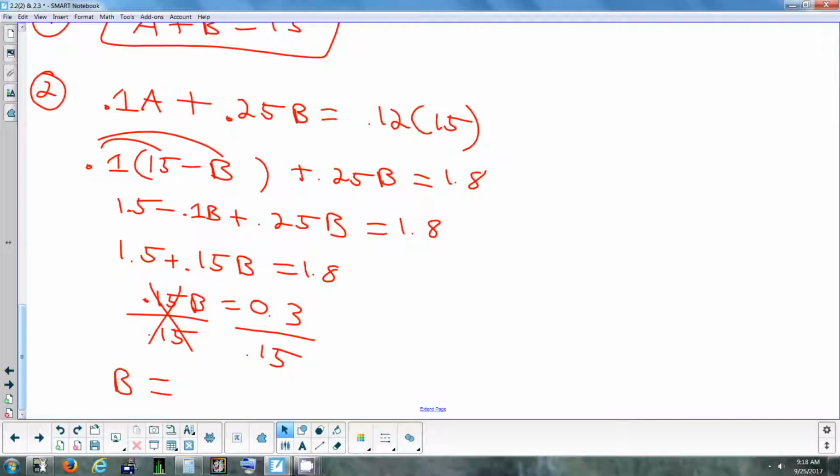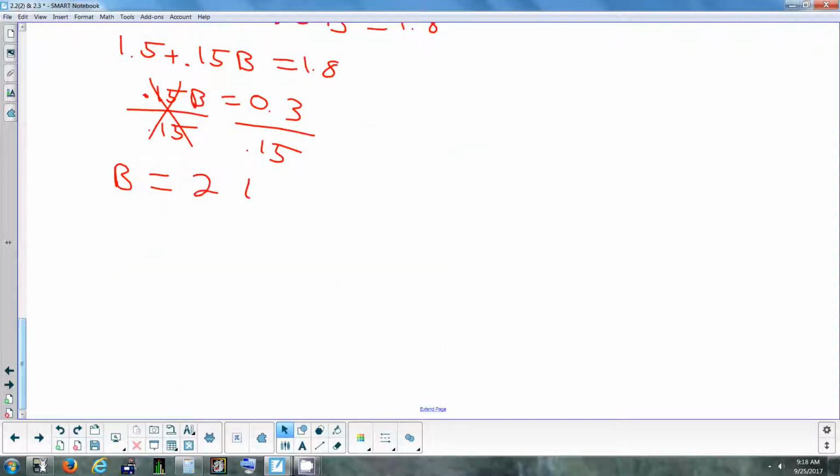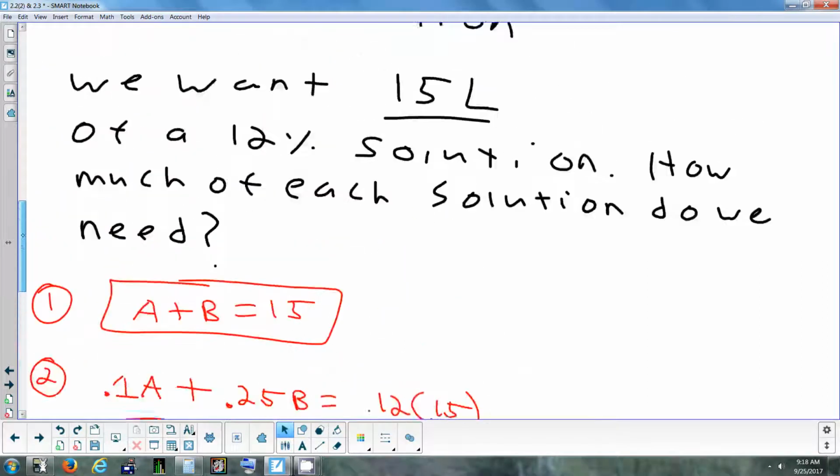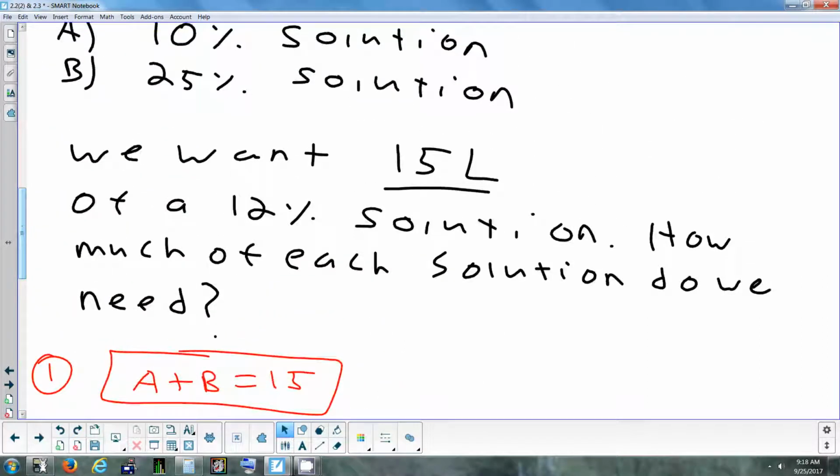Yep. 2 liters. And how many liters of solution A will I use? Yep. 13. Because remember, it was a total of 15 liters. So if you mix exactly those amounts, you will get a 15-liter solution that's 12%. That's basically how you set up every mixture problem.